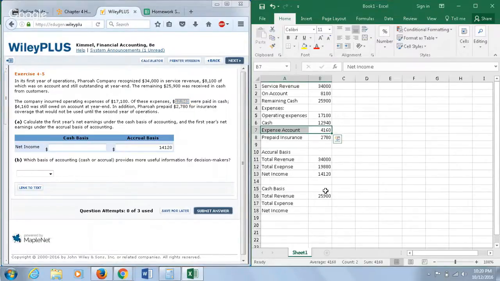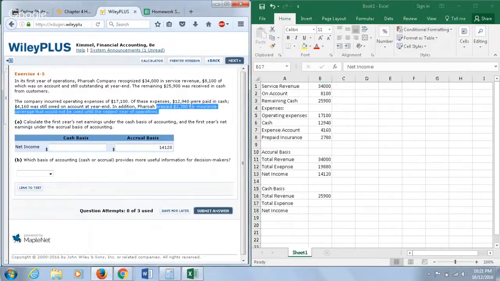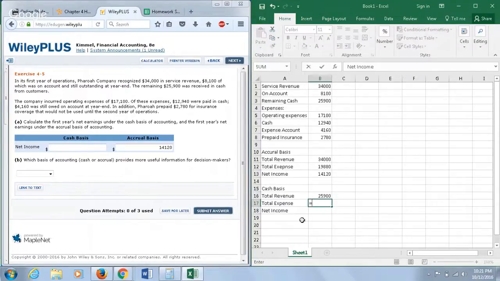So the only question that I would have is the prepaid. Prepaid would go under total expense because it's already paid for. Cash has already been given out, from my understanding. We will see. So it would be that plus the cash that was paid.